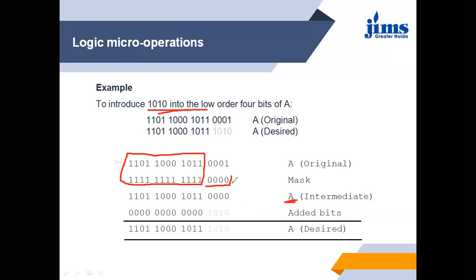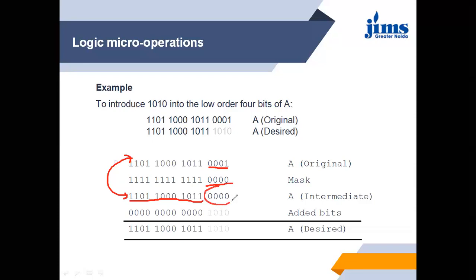You can check the result. When we are masking, these 12 bits are the same, and as we are masking the last 4 bits by 0000, the output is 0.